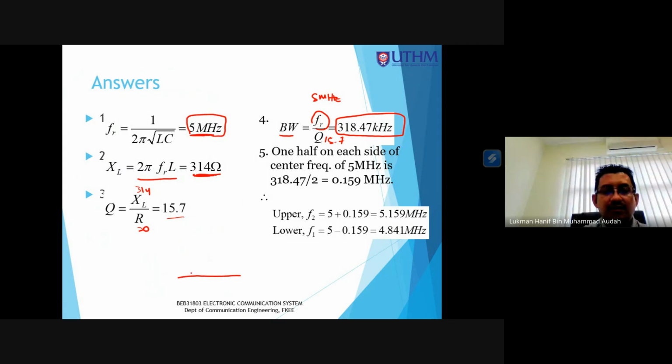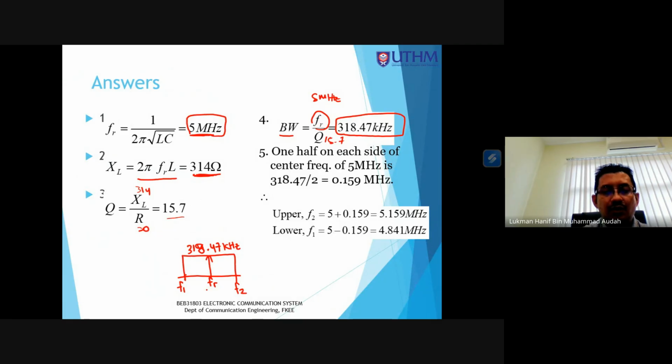That means we have this. The bandwidth is 318.47 kilohertz. So the center is at resonant frequency, FR. And over here, we don't know how much is F1 and also F2.